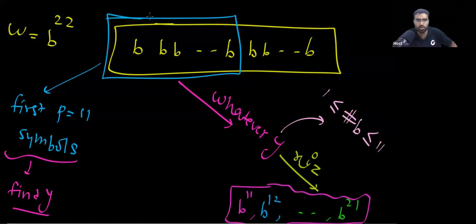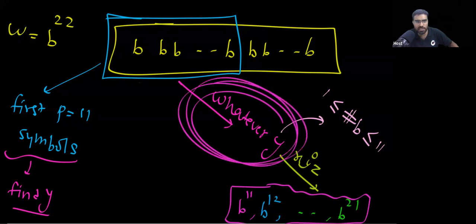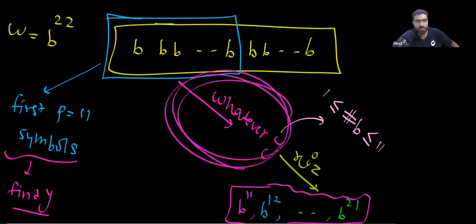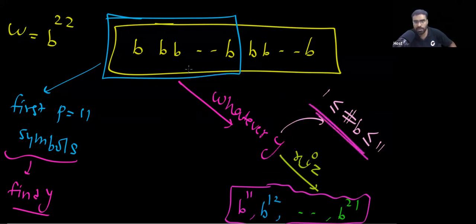Whatever y you take, the number of b's in this y will be from 1 to 11. Now, if I repeat this y 0 times, then these are the possible strings that I can get. Yes or no?